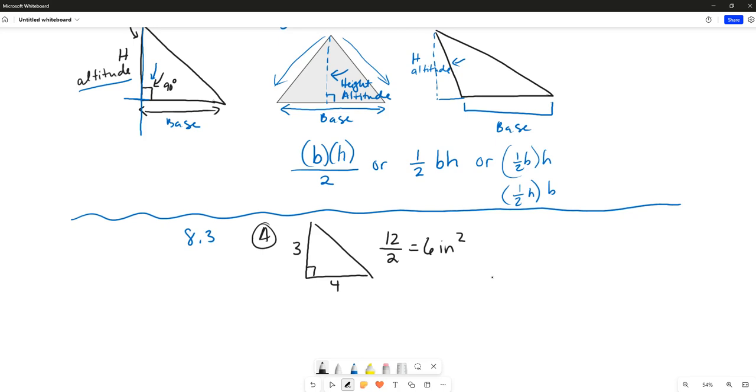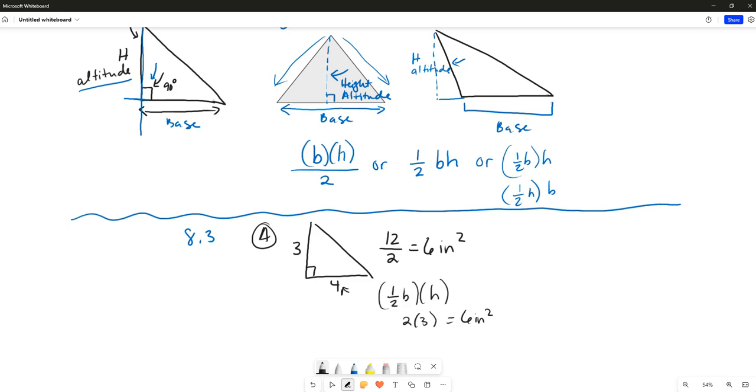I could do 1/2 of the base times the height, which would be, this is 4, so this would be 2 times 3, which also equals 6 inches.